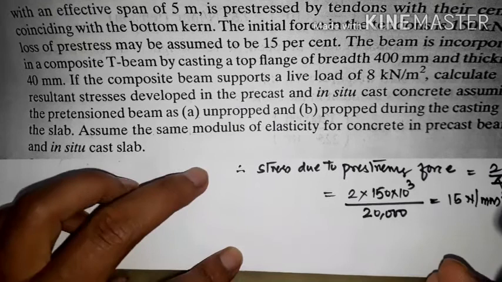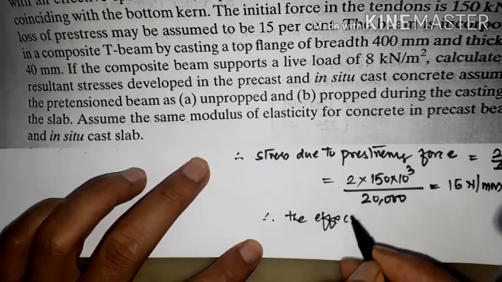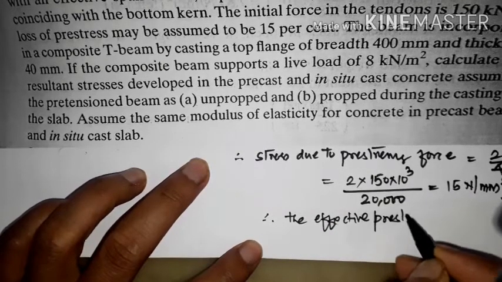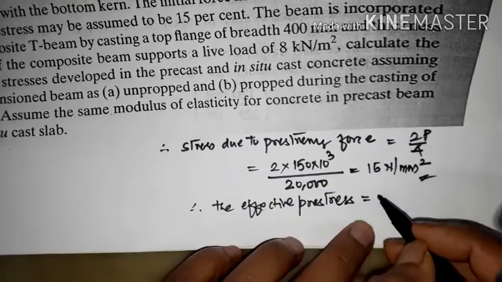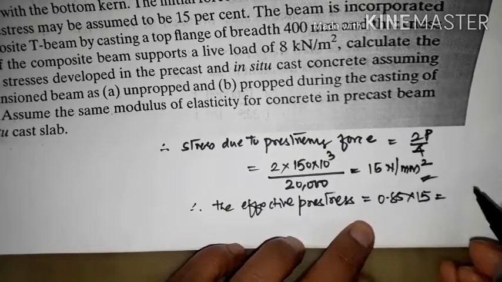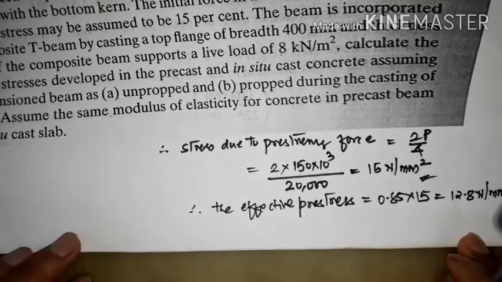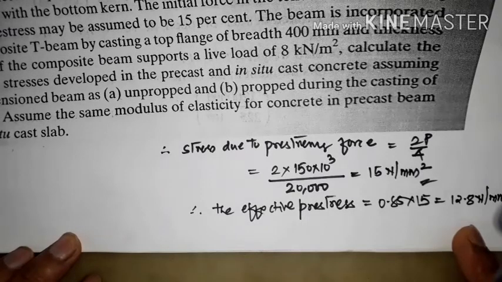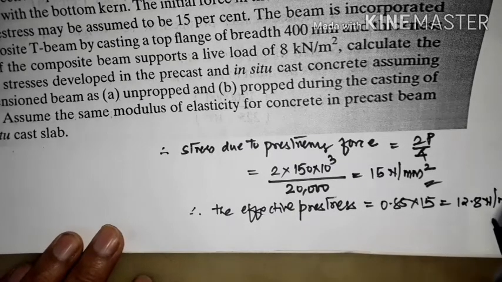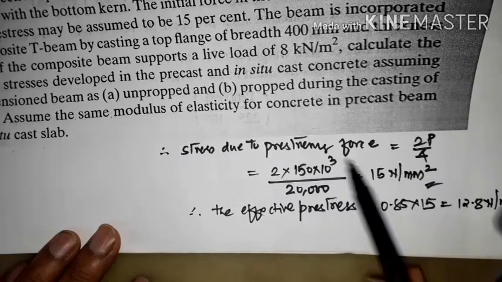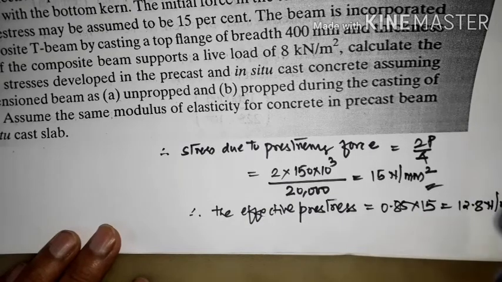Therefore the effective prestress is 0.85 times 15, so we get 12.8 Newton per mm square. So we got the effective prestress as 12.8 Newton per mm square, that is the stress due to prestressing force, effective because they are given the loss of 15%.